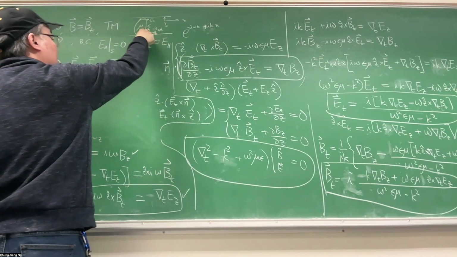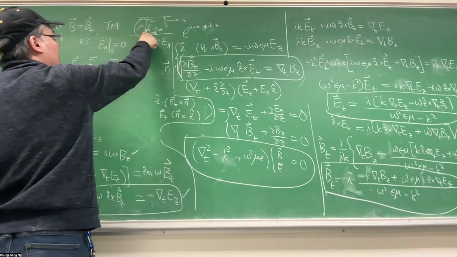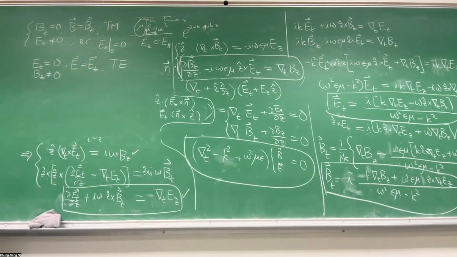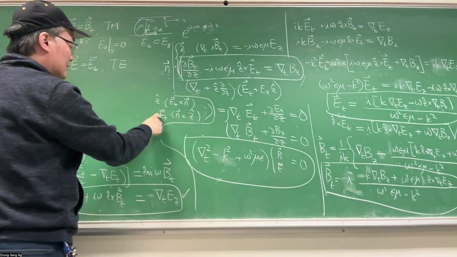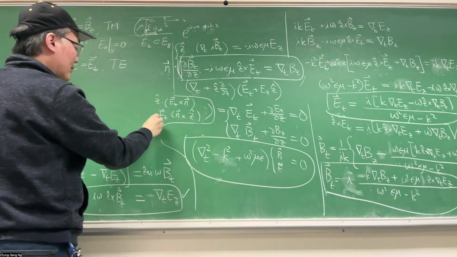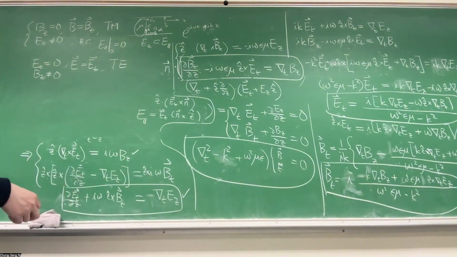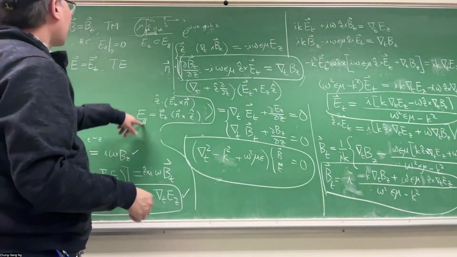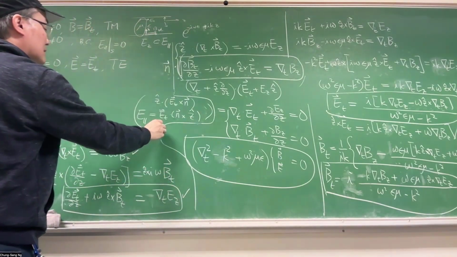So n cross z is in that direction, which is parallel to the conductor, parallel to the wall. So E dot into that will give you the E parallel, a part of the E parallel. But we already showed that E parallel is zero from the boundary condition consideration.